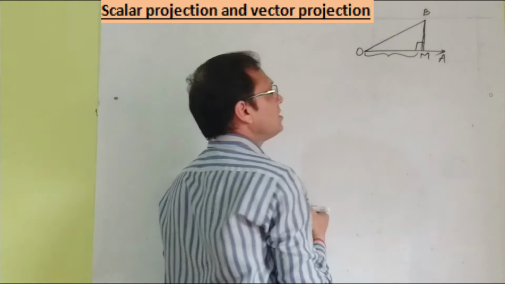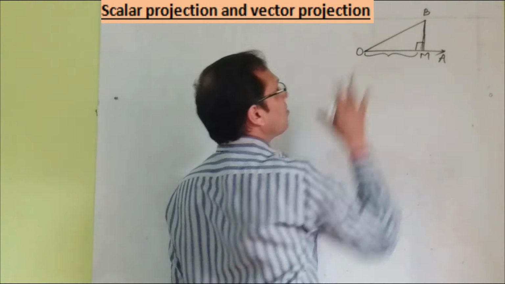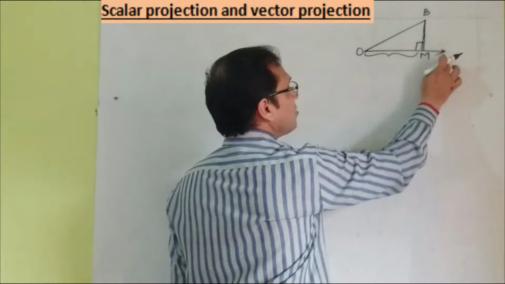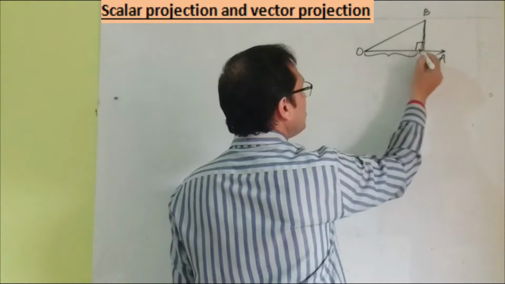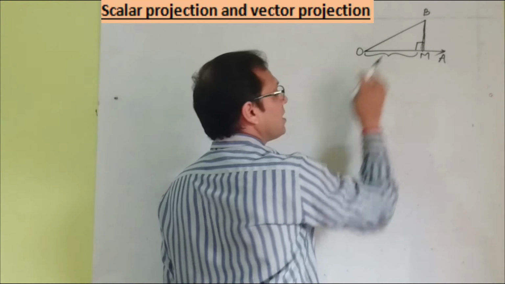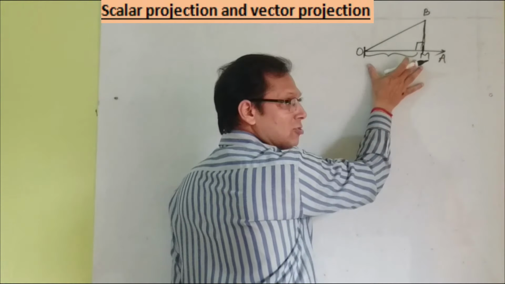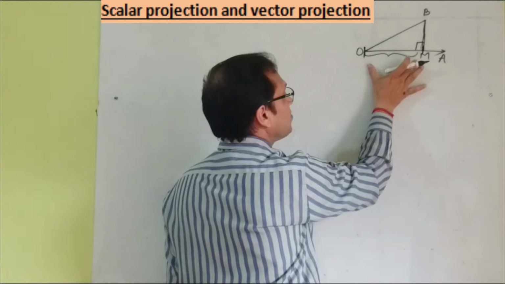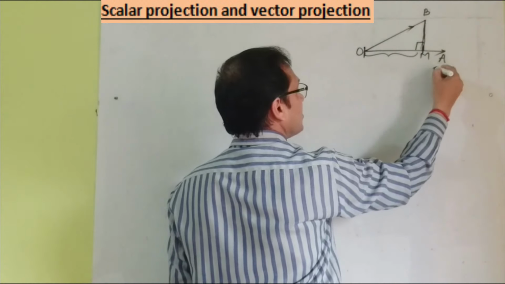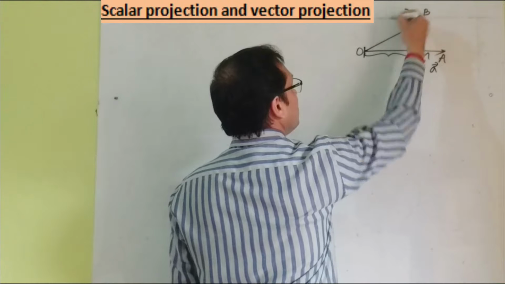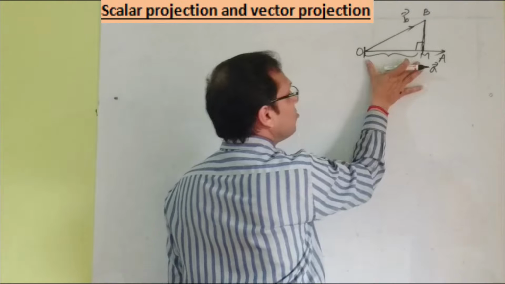If the perpendicular is BM, then OM is the projection of OB on the line OA. Why is this the scalar projection? Since OM is a length, and length is a scalar quantity, this part is called the scalar projection. If this is A vector and this is B vector, then the scalar projection of B on A is equal to OM.